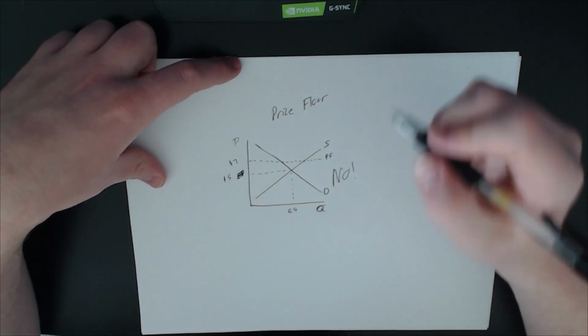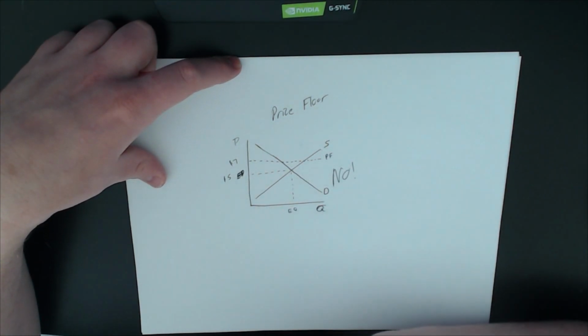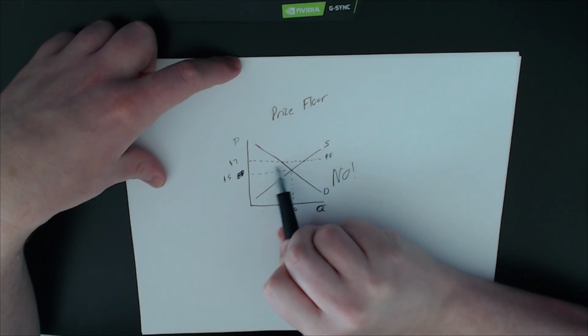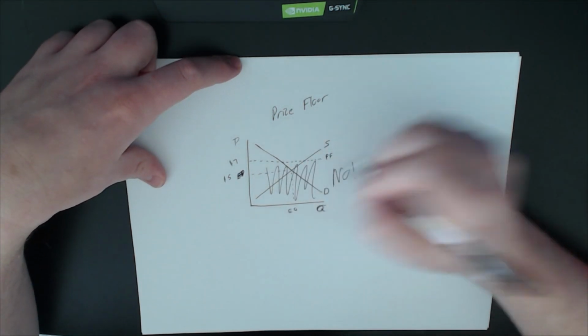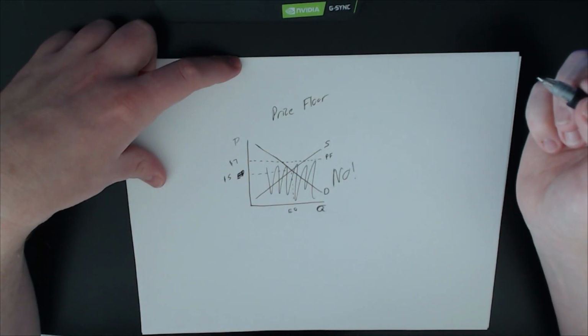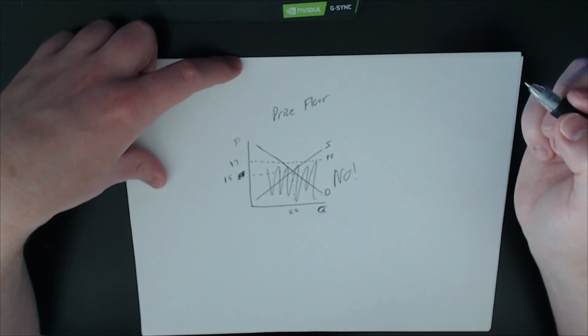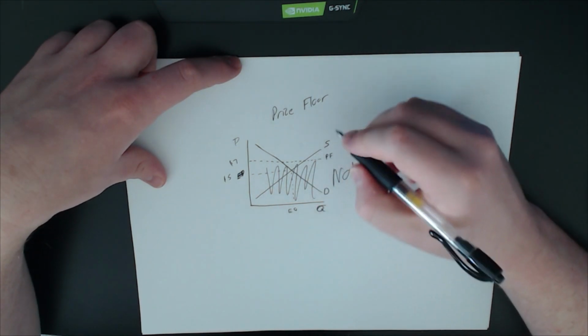Okay. So now what happens is, because I've raised the minimum wage, what have I created? I'm not allowed to go below the $7 mark. Anything below this is off limits. What have I done? Oh, I have now set a price above equilibrium. I'm not allowed to go below that.